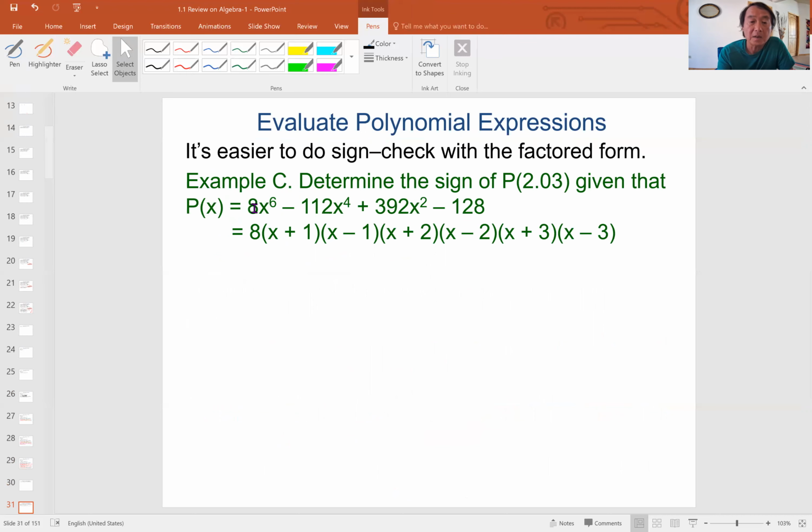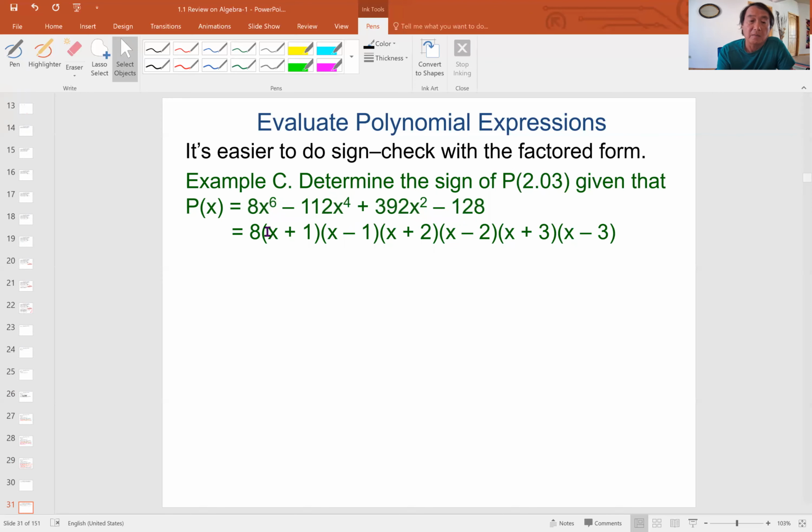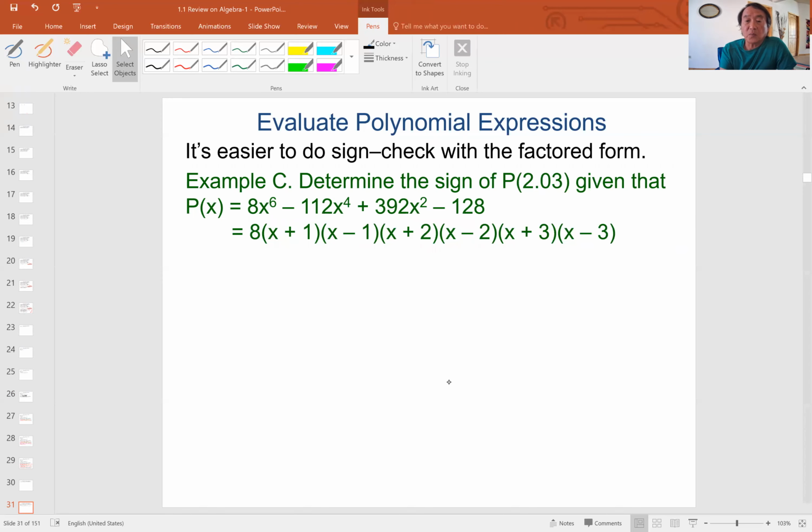Here's a polynomial in the expanded form. Of course, the example is made up so that if you factor, this is the factor form. I just want to point out that it's a lot easier to check the sign by plugging 2.03 into the factor form.